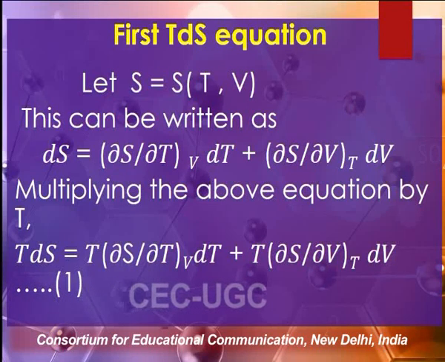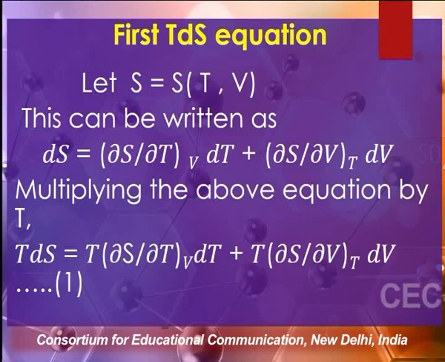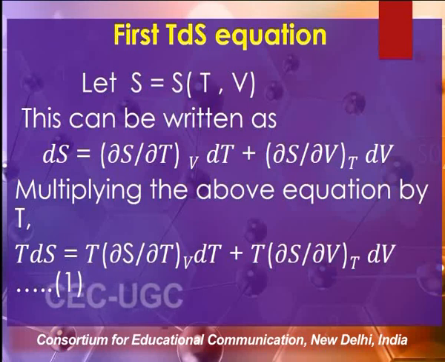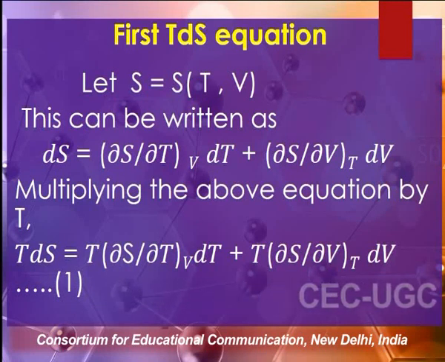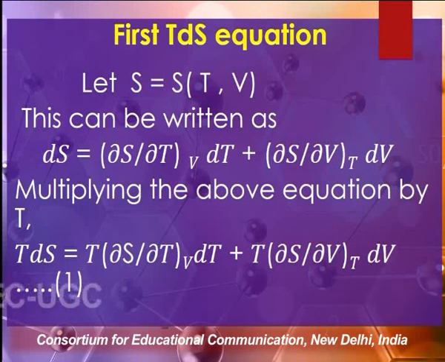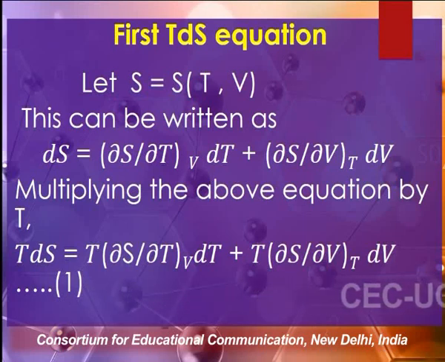Let us multiply this equation by T on both the sides. So we get TdS is equal to T times (∂S/∂T) at constant V dT plus T (∂S/∂V) at constant T dV. Now, what is the purpose of multiplying the equation by T?